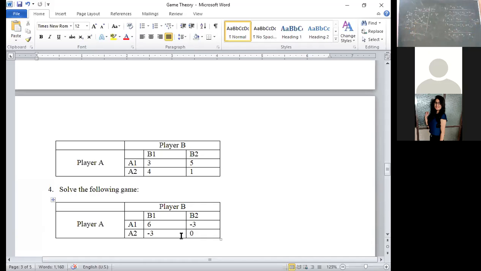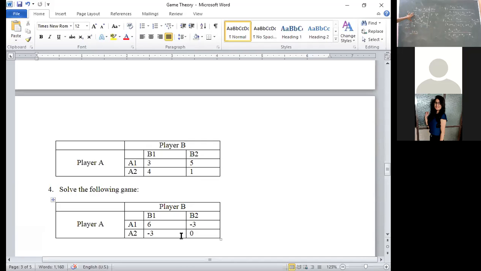Yes, ma'am. Any queries? Okay. If it is a 2 by 2 matrix, then this is called the algebraic method. If the given game theory problem consists of a 3 by 4 matrix, that is 3 rows and 4 columns, A1, A2, A3, B1, B2, B3, B4, then how to solve?